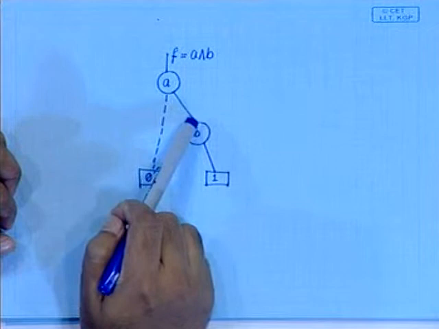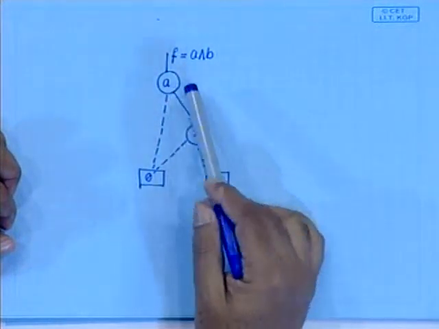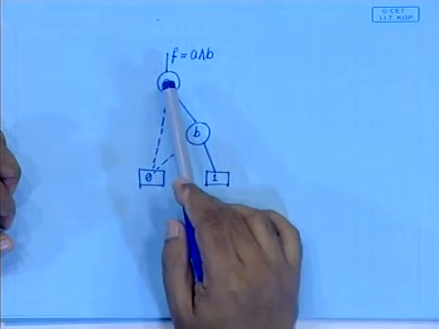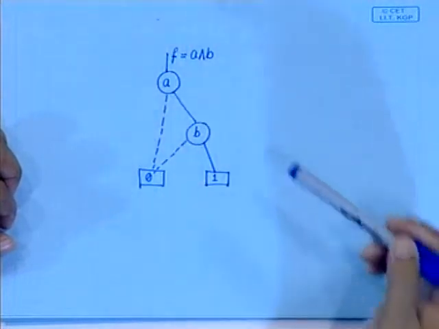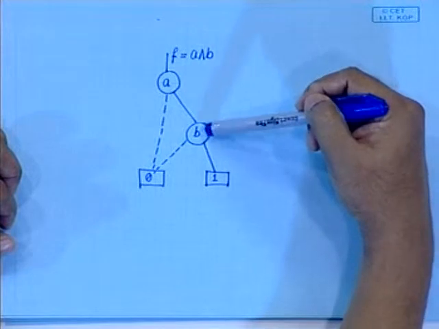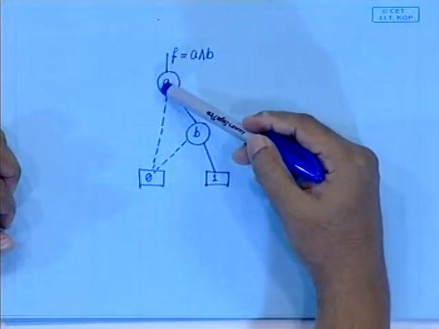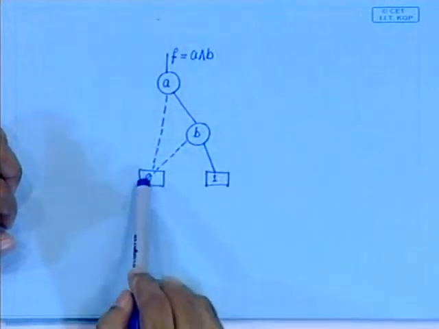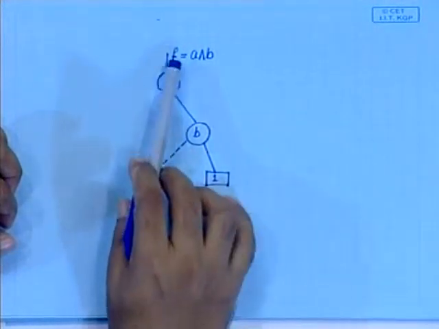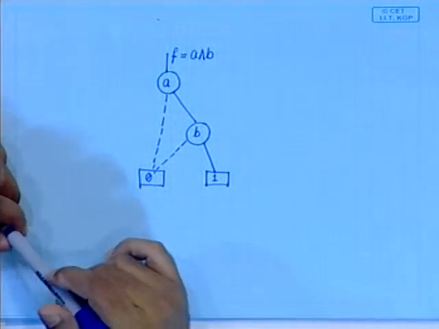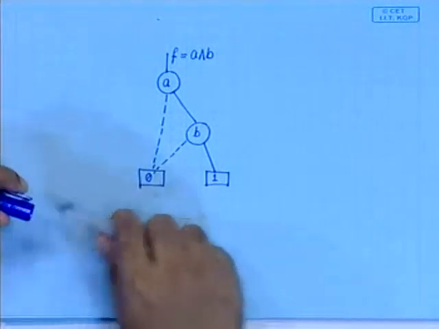The bold edges are taken when the variable value is 1, and the dashed edges are taken when the variable value is 0. So when a is 1 and b is 1, the function value becomes 1, and when any of them is 0, the function value becomes 0, which is the function f equal to a and b.